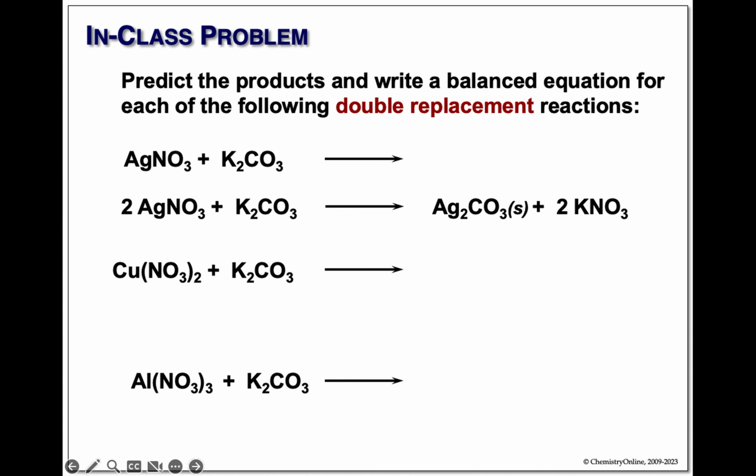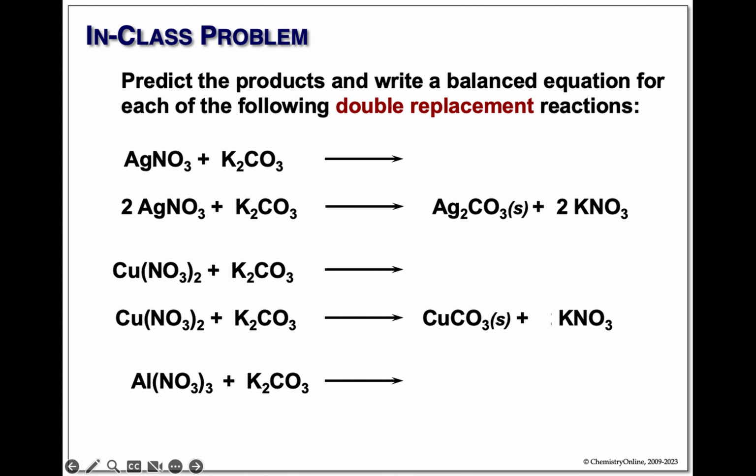Look at the next one. Again, it's a carbonate. We're going to swap ions. Copper carbonate will be insoluble. Potassium nitrate will stay in solution. Check our balance.